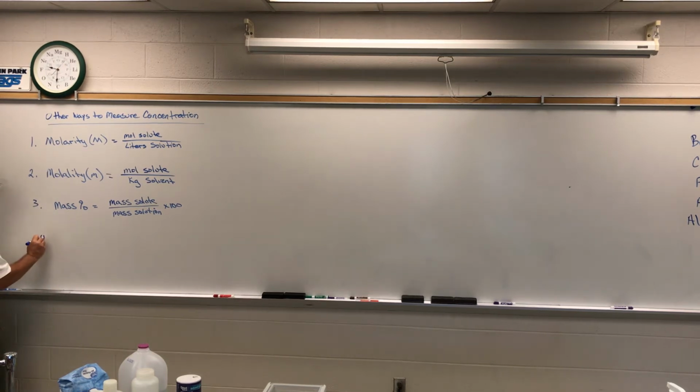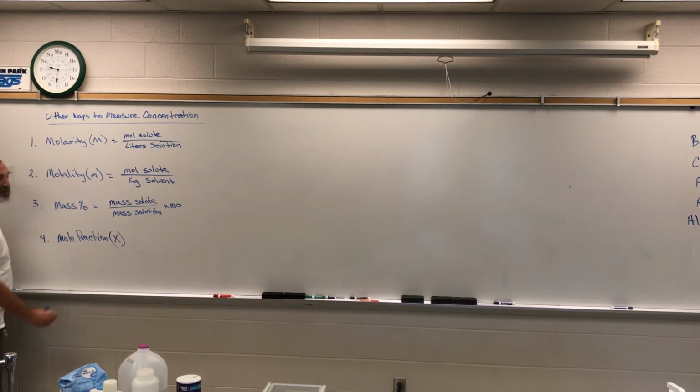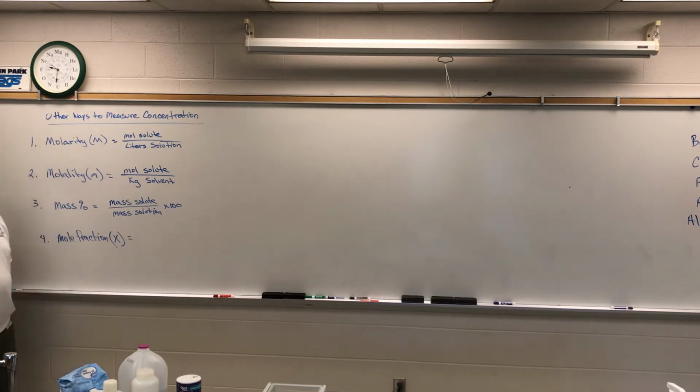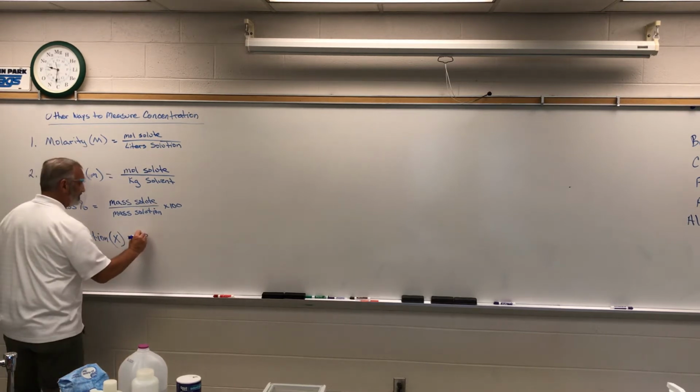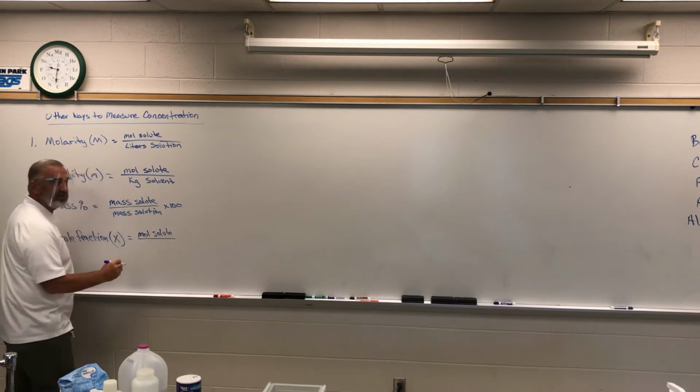And then lastly is mole fraction. I don't know where this comes from, but they use the letter X to represent mole fraction. What do you think this is? Moles of solute over total moles.